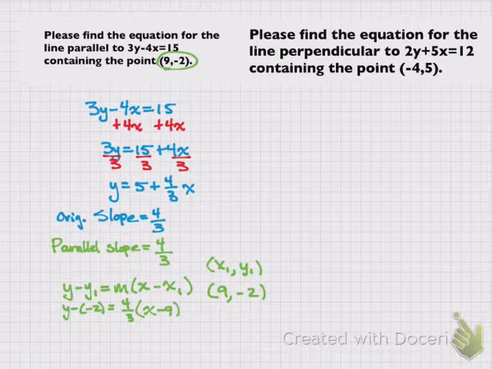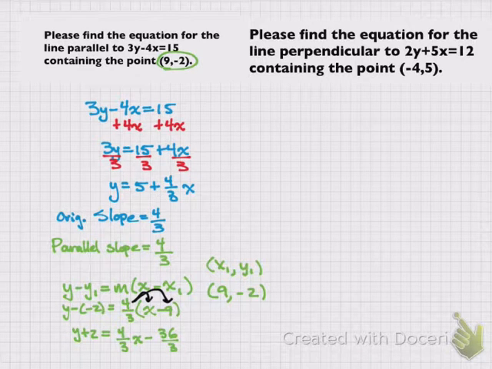And this is fine as is. You may be asked to put this in slope-intercept form, so all you really need to do is solve for y. So we've got y plus 2 equals, now remember we're going to have to distribute this 4/3 to both the x and the negative 9. So we get 4/3 x minus 36/3, and 36/3 is the same as 12.